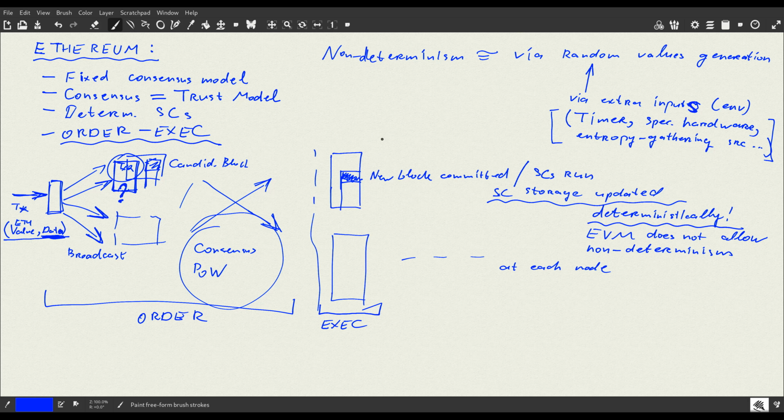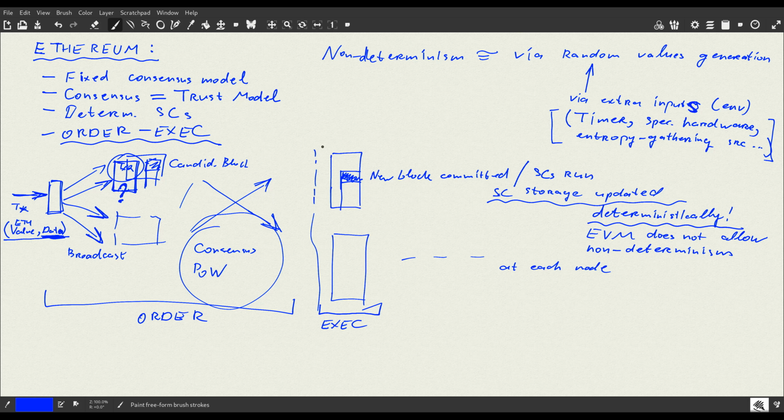And another problem, what do you think is another problem in Ethereum in that case? I wouldn't say it is a big problem, but nevertheless. You see, if we already know that by construction, our smart contracts are deterministic, and we have already established the ordering.